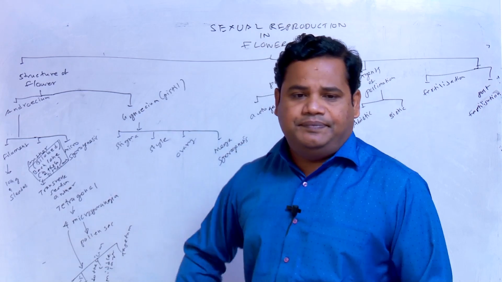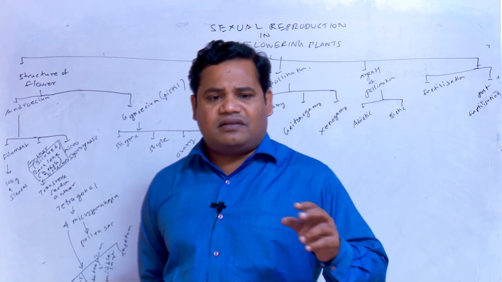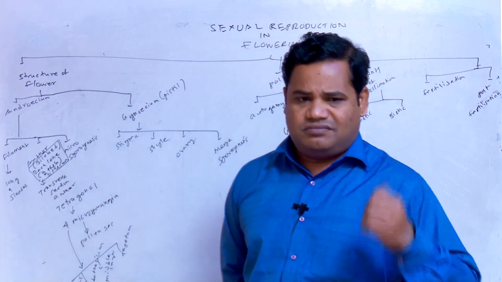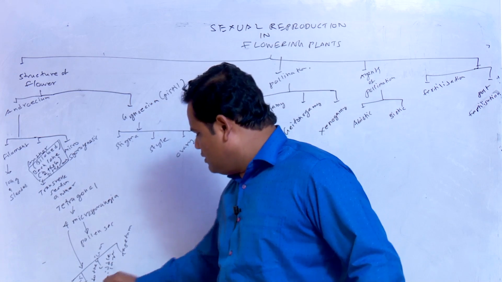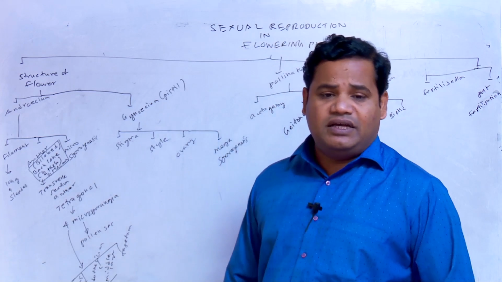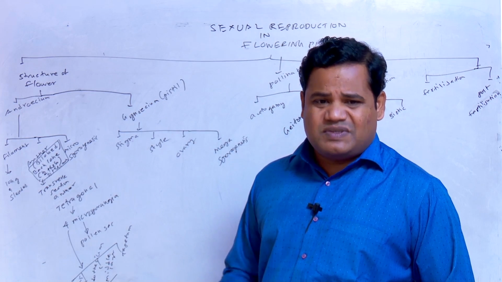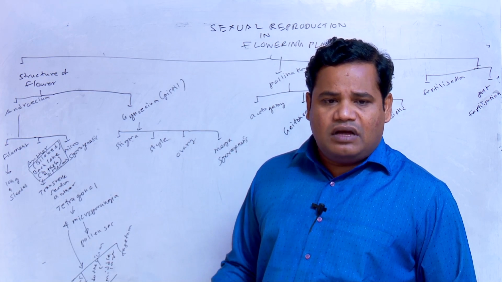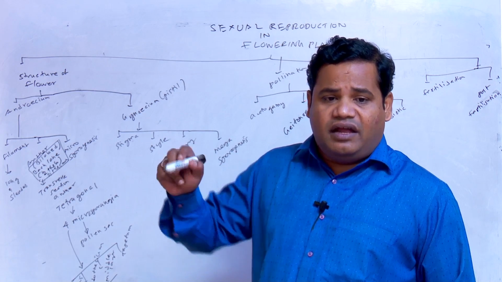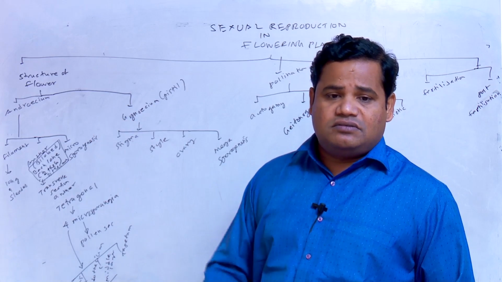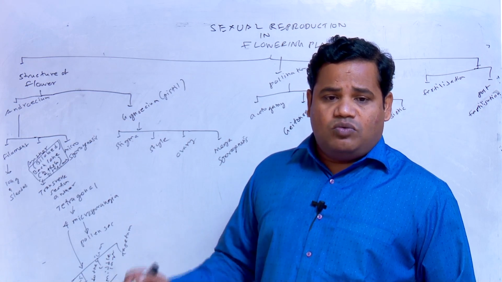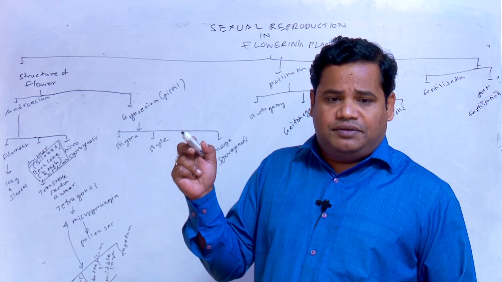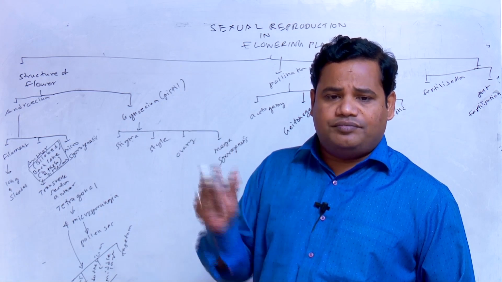Remember, the outer three layers perform a protective function. The tapetum nourishes the developing pollen grains, so the tapetum plays a vital role.